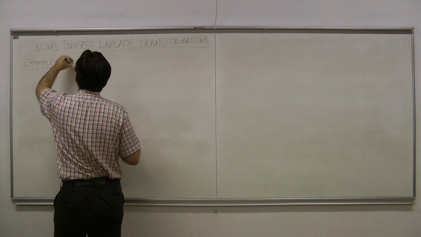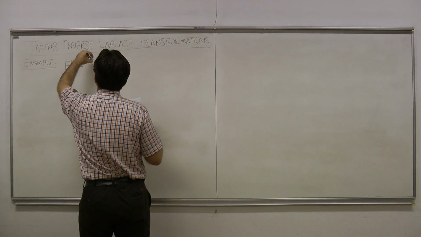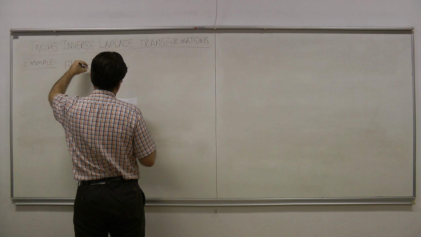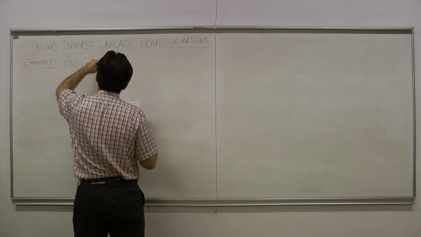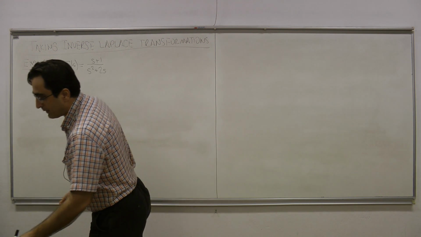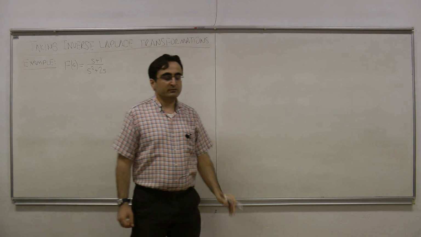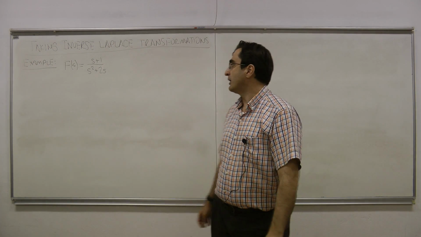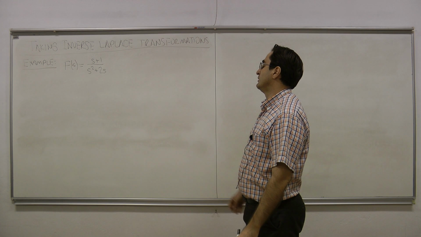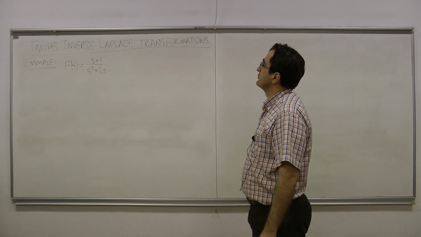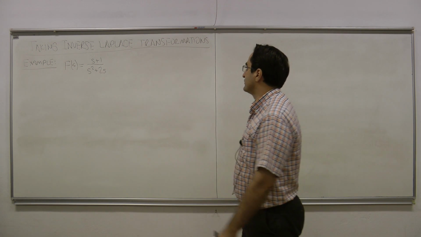So we're given F of s as s plus 1 over s squared plus 2s. In the last lecture, we have seen some simple examples, and this one is looking like none of those. So what type of examples have we seen?